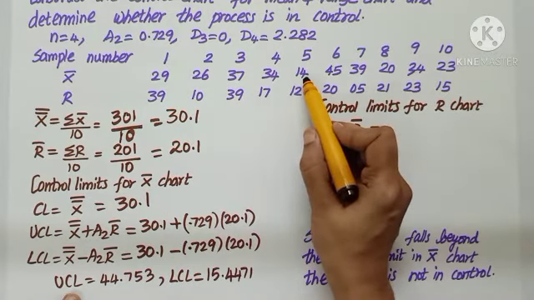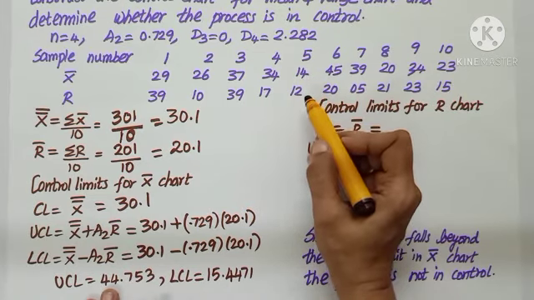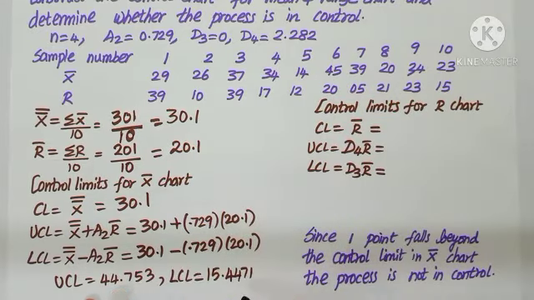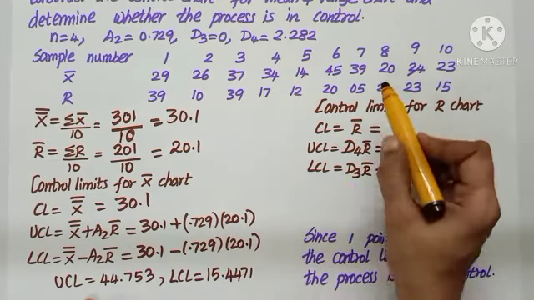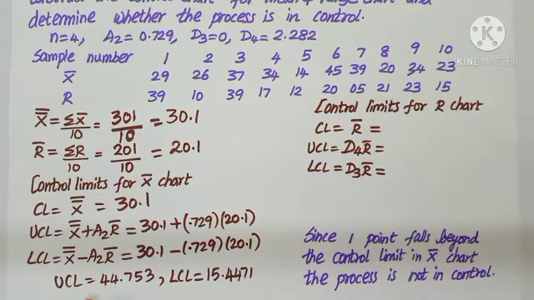There is a value which is below 15.4 and UCL is 44.7. There is a value which is above UCL. So, as we consider X bar chart, we can say the process is not in control.